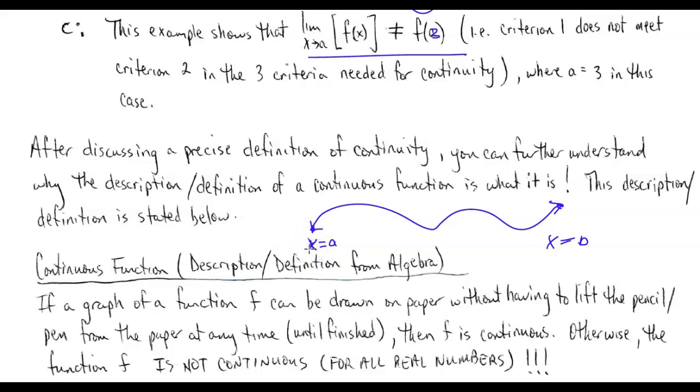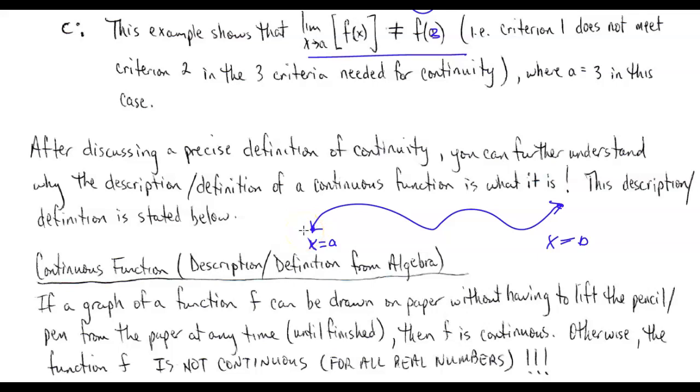Now, from a layman's point of view, again, if I'm able to draw a function with a pencil or a pen and not have to pick up that pencil or pen at any given time, then what I've drawn is at least a piece of that function that's continuous for the x values that you drew it for. So just keep that in mind.